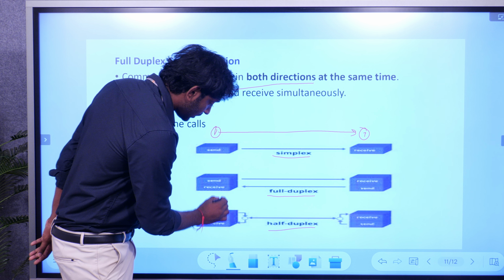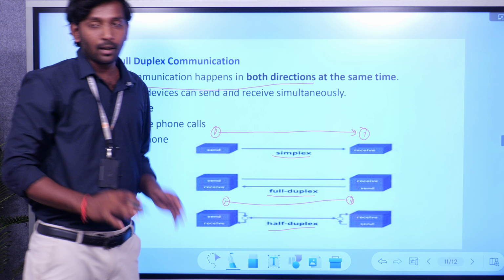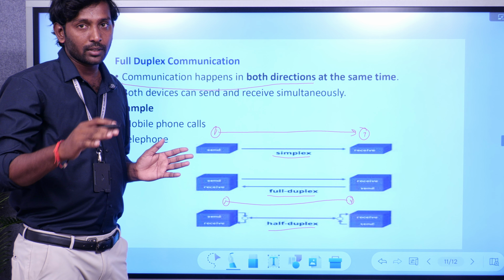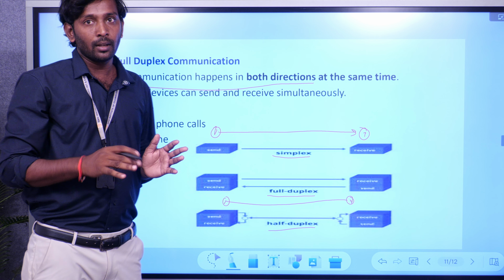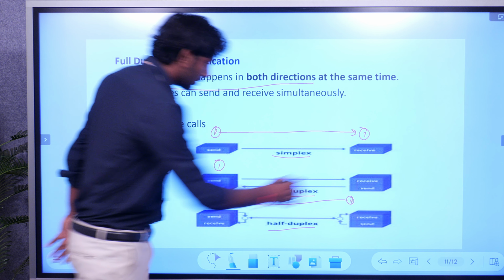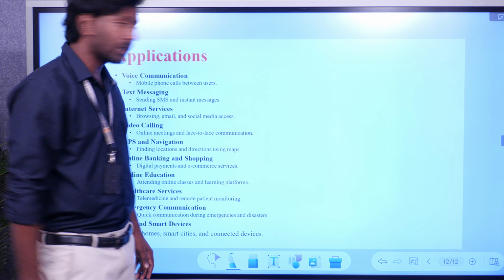Half duplex means one sender, one receiver, communication on both sides but not at the same time. Whenever the sender sends the information, the receiver receives it, not at the same time. In full duplex communication, data is sent and received at the same time.